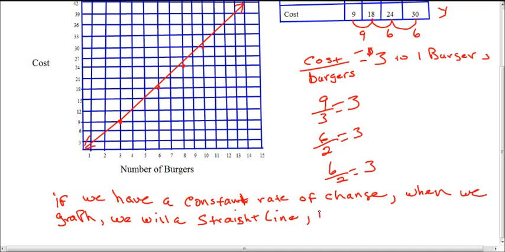Thus, a constant rate of change is linear. And the word linear just means a straight line. All right, constant rate of change.